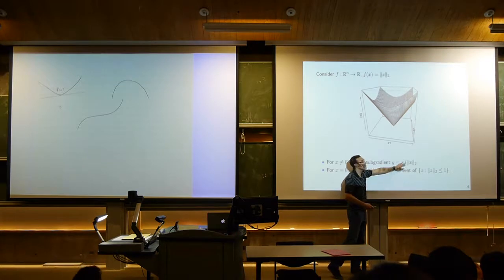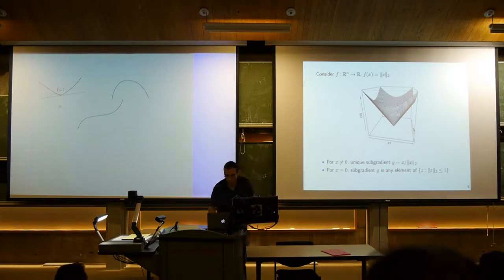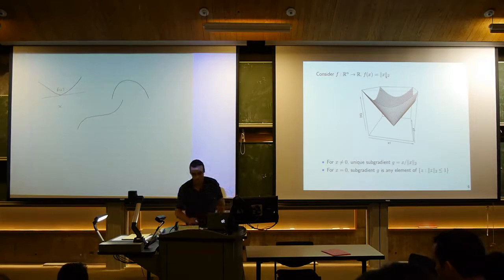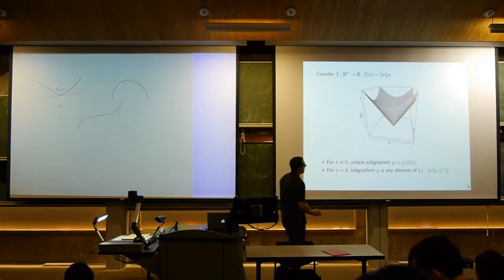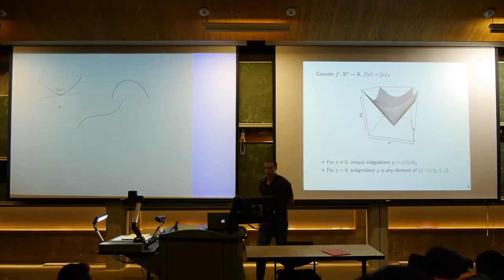The gradient of this function at a point x not equal to 0 is x divided by its 2-norm. If you want to remind yourself why that's true, you can write out the component functions, in terms of the components of x, and just differentiate with respect to x1, then x2 and x3, and form that vector, and this is what it will be. So that's what the subgradient looks like away from 0.